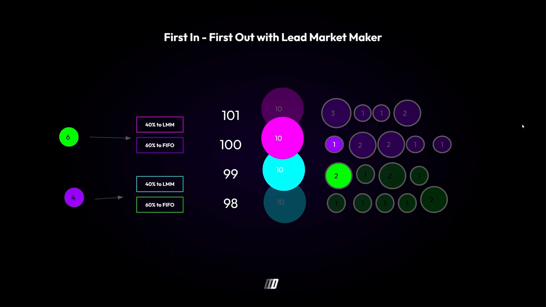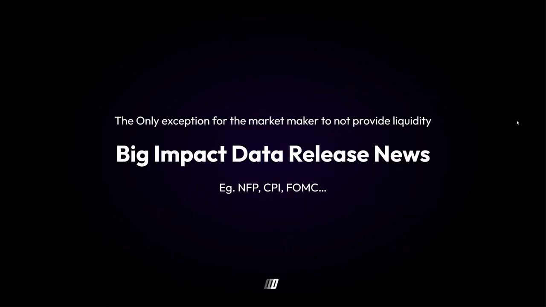But this does not apply under big impact data release news. So the only exception for market makers to not provide liquidity is during big impact data releases, e.g. NFP, CPI, FOMC.